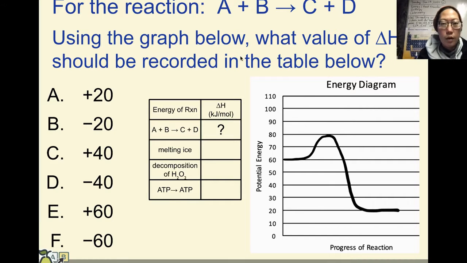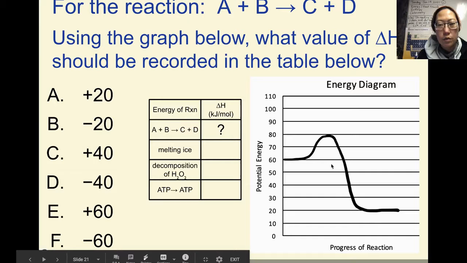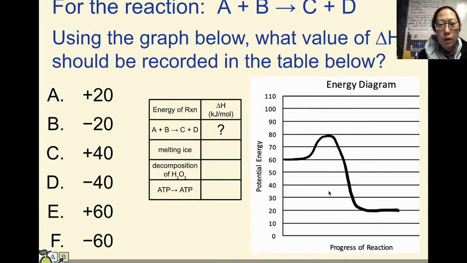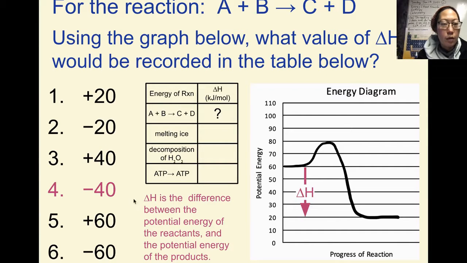Now, if we want to figure out the value of delta H here, we want to find the difference between the reactants and the products. So this quantity right here would be the delta H. That's 20 minus 60, and it's going to be negative 40 because we have an exothermic reaction, and exothermic reactions have negative delta H's.